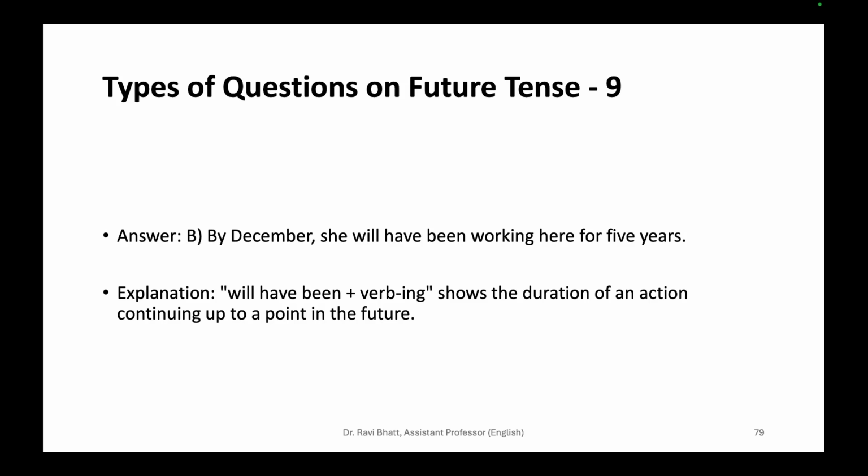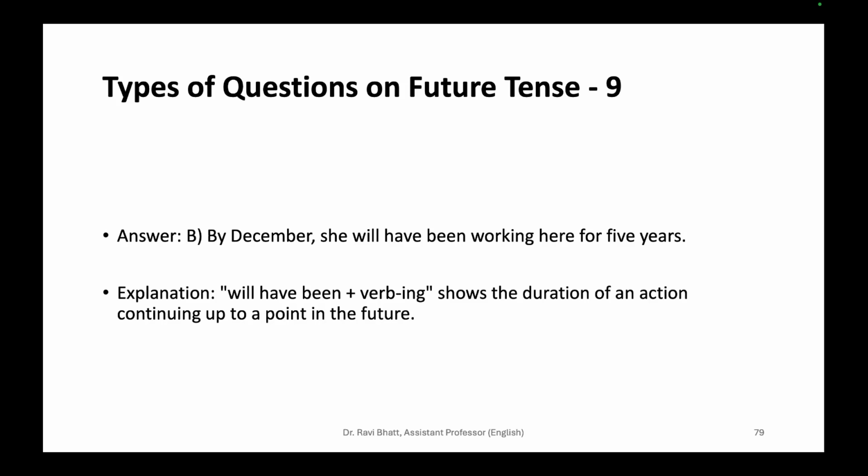For example, I've already discussed the difference between the use of for and since, so I'm repeating it again here. Here you see it says by December she will have been working here for 5 years. So there are two of these adverbs that talk about time, for and since.